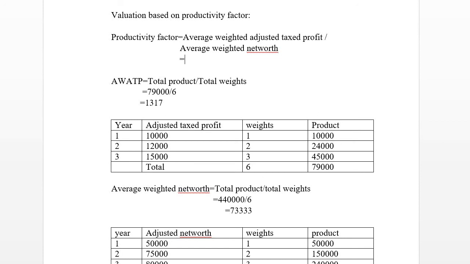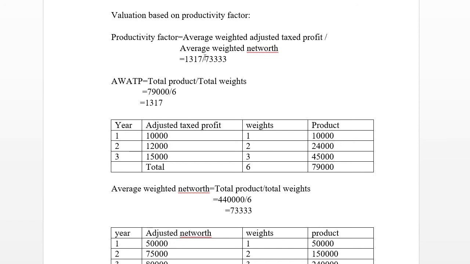Yes. Therefore it is equal to 1317 divided by the average weighted net worth. The average weighted net worth that we have already found out is 73,333, right? Therefore, while finding the productivity factor, the productivity or the earning capacity is always found in terms of percentage, right?